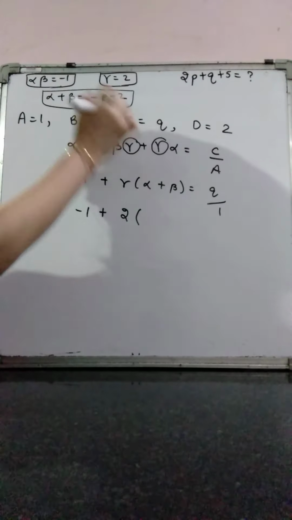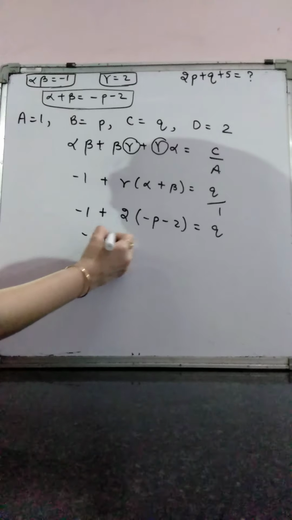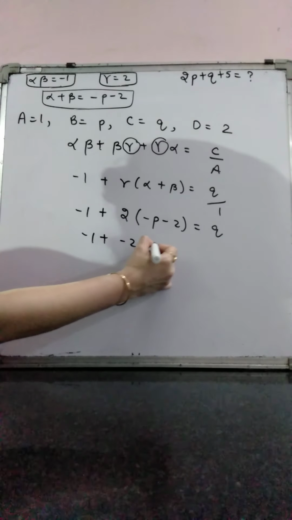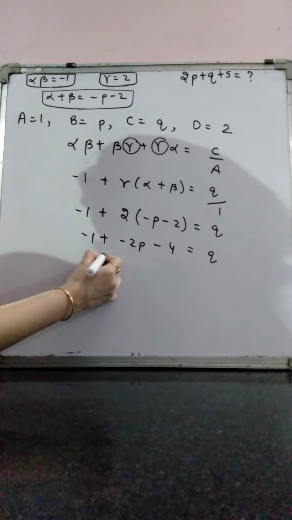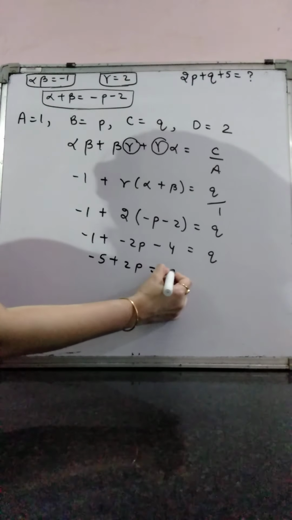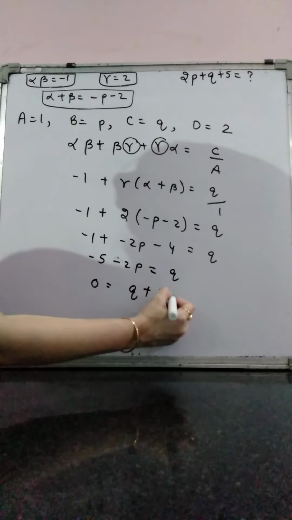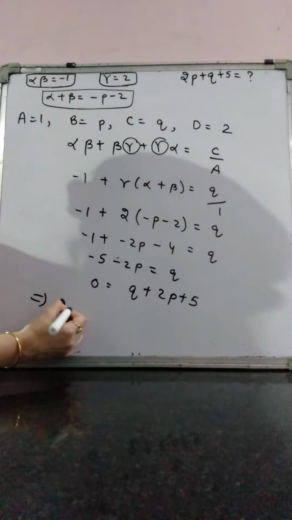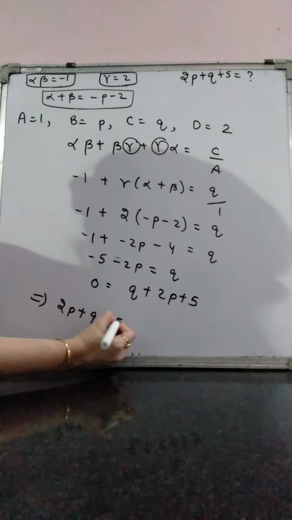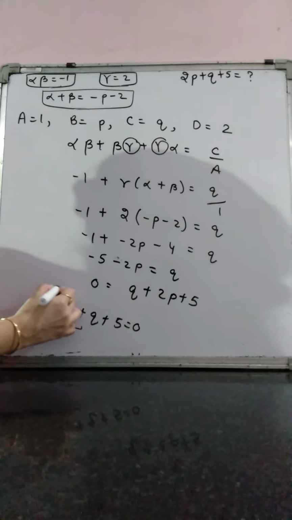Alpha plus beta, that is minus p minus 2. Minus 1, minus 2p and minus 4. Minus 1, minus 4, minus 5. Collect all on one side, q plus 2p plus 5. So we have the value of 2p plus q plus 5 is 0. This is the required answer.